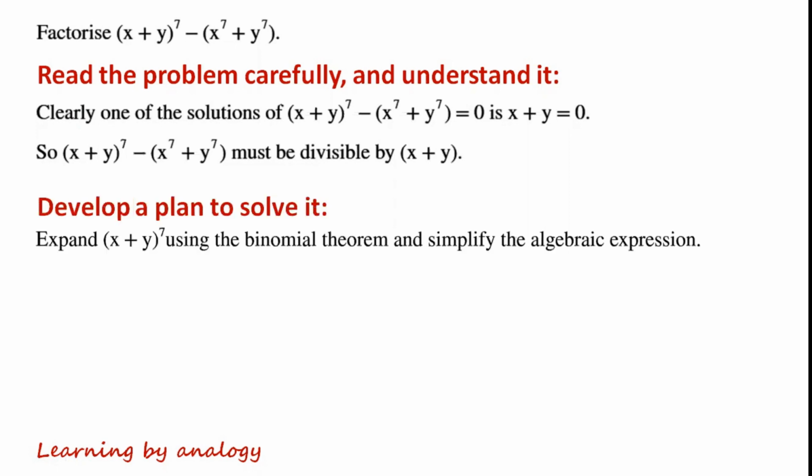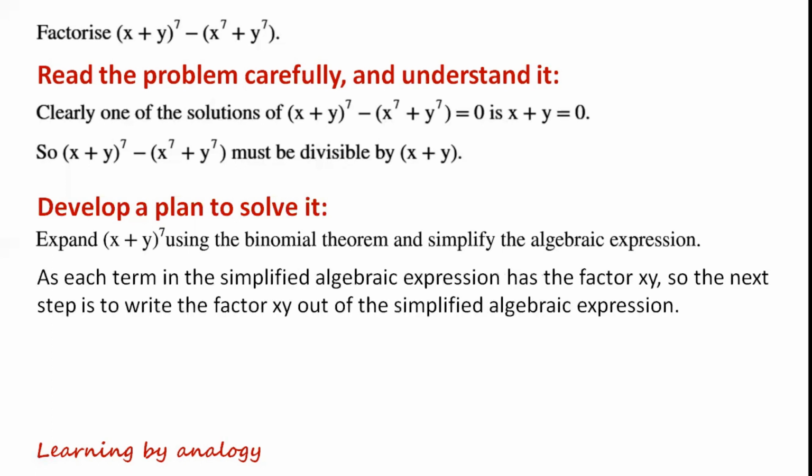Expand (x + y)^7 using the binomial theorem and simplify the algebraic expression, as each term in the simplified algebraic expression has the factor xy.